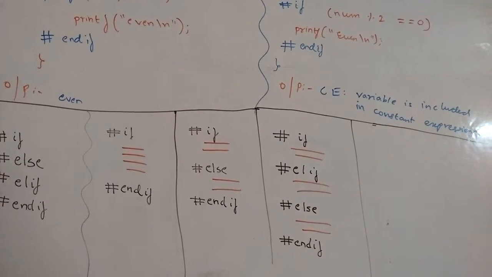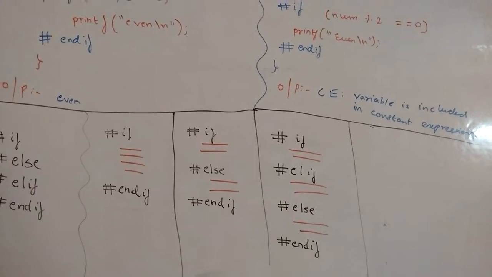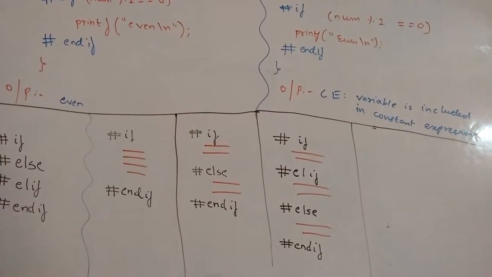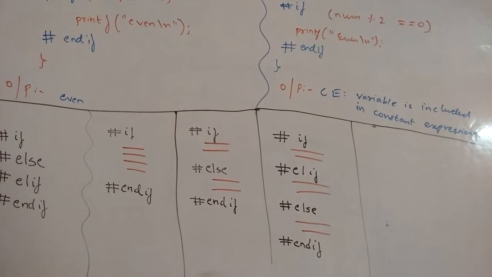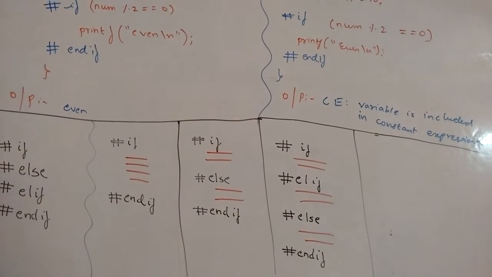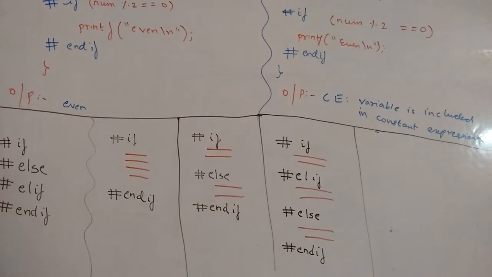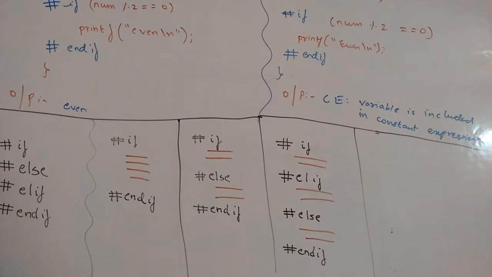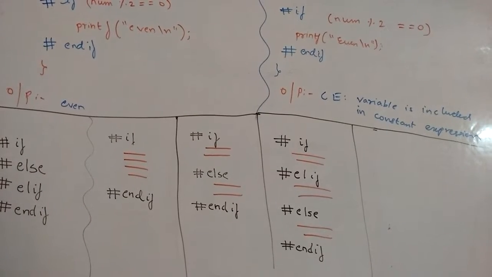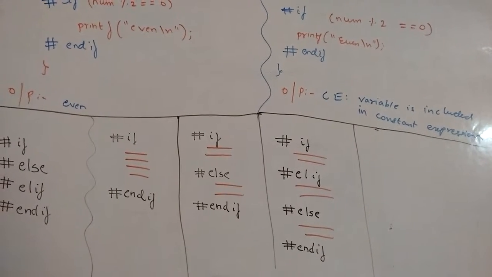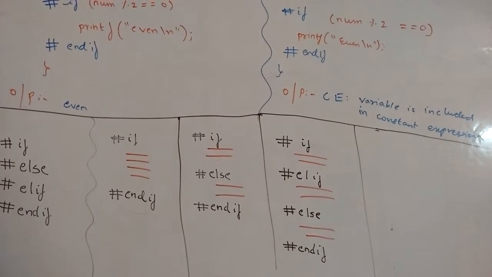If the given condition is true, then the statements under that would be executed. Else, if the second if is true, then whatever is under hash elif would get executed. Otherwise, whatever is under the hash else would get executed until endif is encountered.